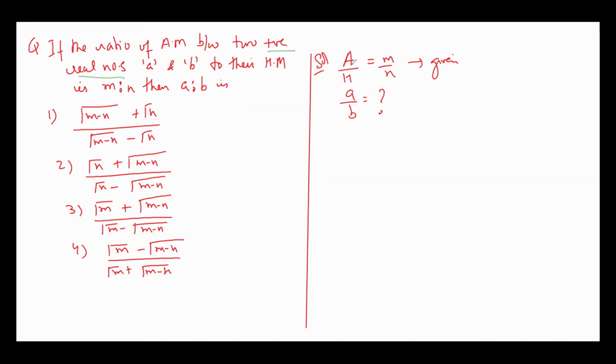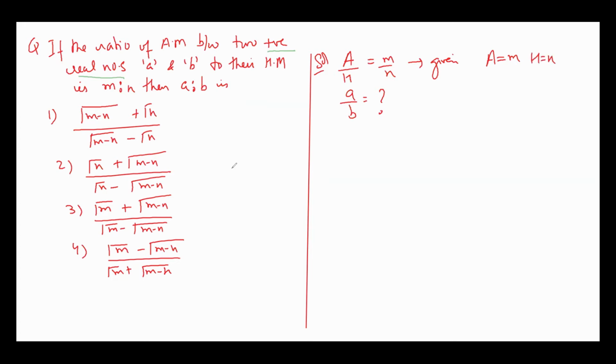As you all know, if they have given us a ratio and we have to find a ratio, then in that case you can directly equate. Otherwise you have to equate by multiplying a constant, like A is equal to Km or H is equal to Kn. But if a ratio is given and a ratio is to be found, in that case you can directly equate.